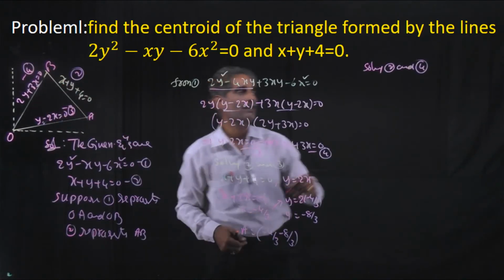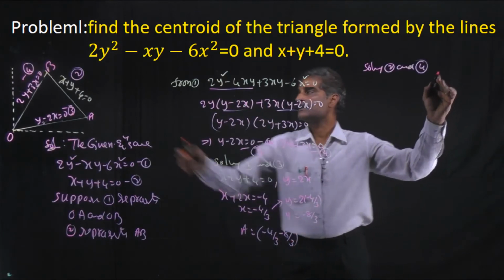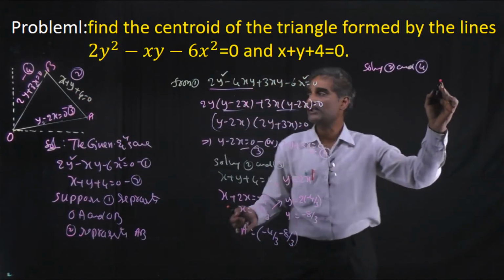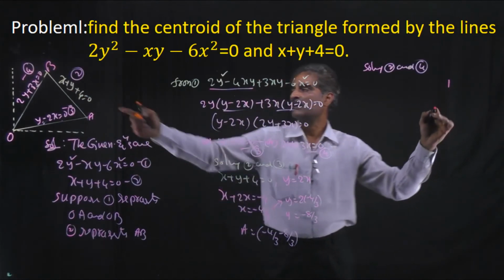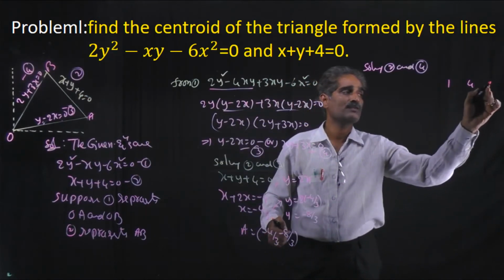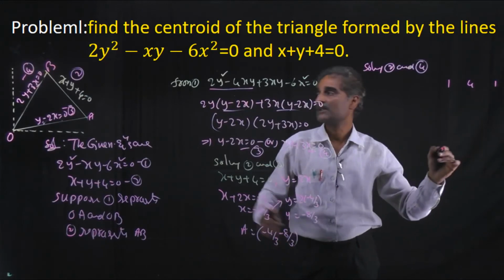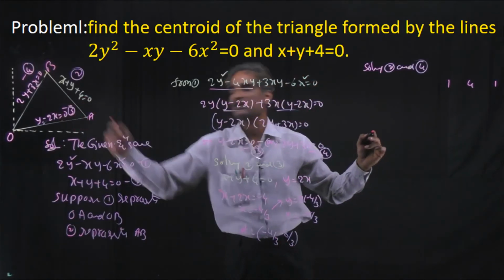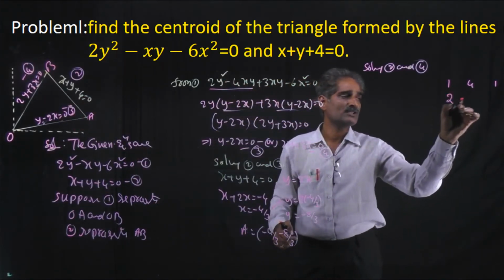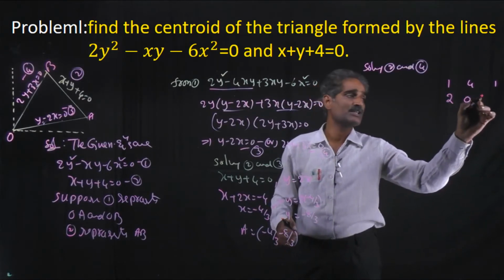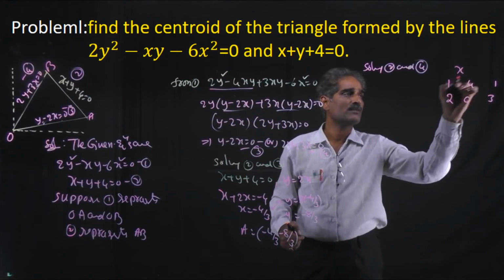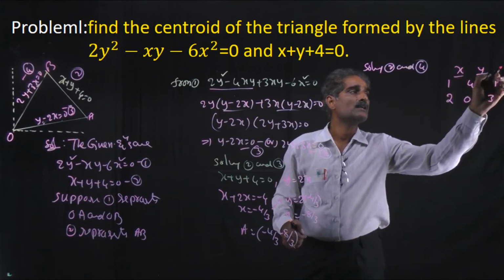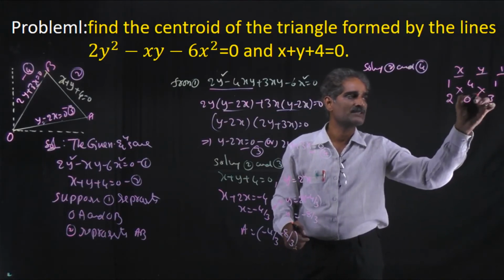See here, from equation 2, the coefficient of y is 1, constant 4, x coefficient 1. From equation 4, the coefficient of y is 2, constant is 0, x coefficient is 3. This is the way to find the point of intersection of the two lines.